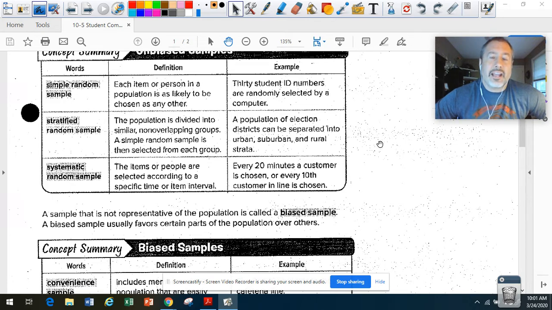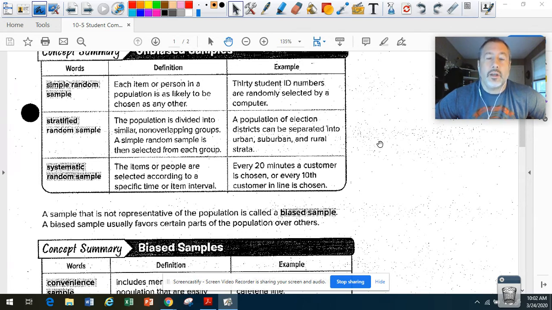An easier way to think about it is if we were to sample all of Eden Hall, think about how we could break Eden Hall down into simple groups. We could break it into the 4th grade and do a sample from there, break it into the 5th grade, do a sample from there, break it into the 6th grade, do a sample from there, and then review that information.